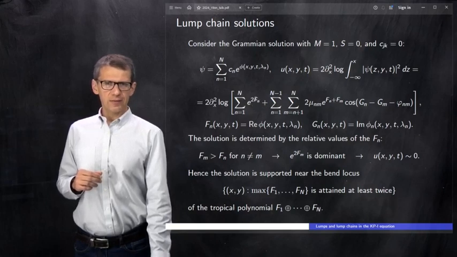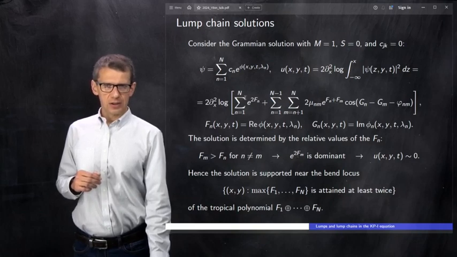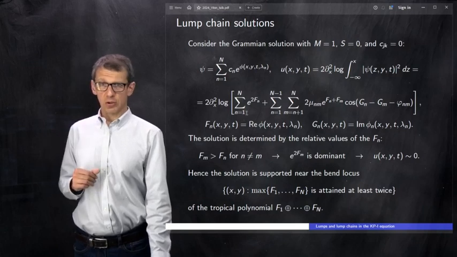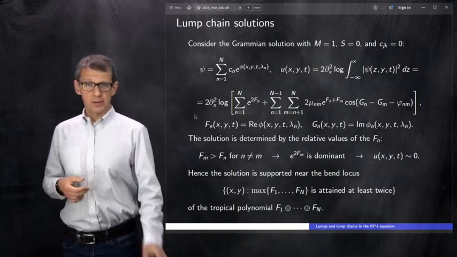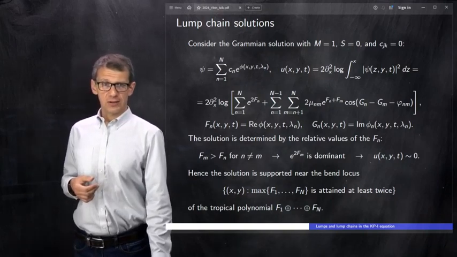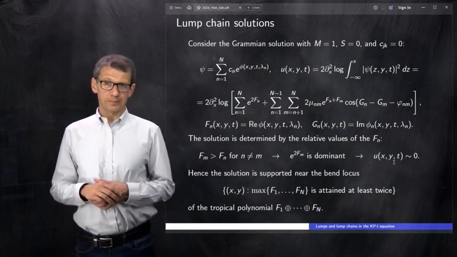If one of these functions f is larger than all others, then the corresponding exponential term is dominant. So in this large sum, there's one large exponential term, which if you take the logarithm and then the second derivative is going to give you 0. And so the solution near any point where one of these f's is dominant is going to be exponentially small.